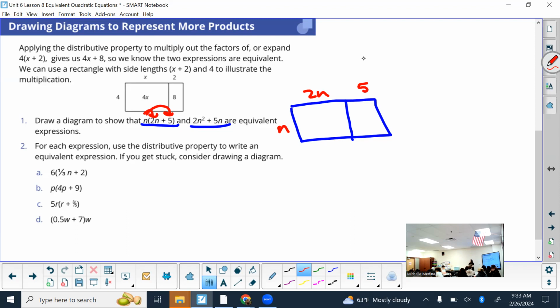It is 2n squared, but even if that part wasn't revealed, what's n times n? Class? Okay, listen, eye contact. N times n. M times m.